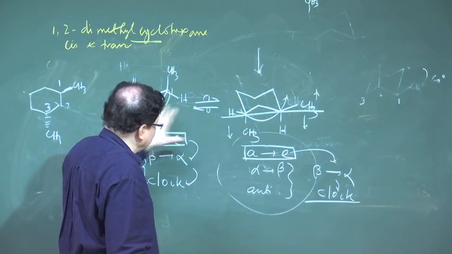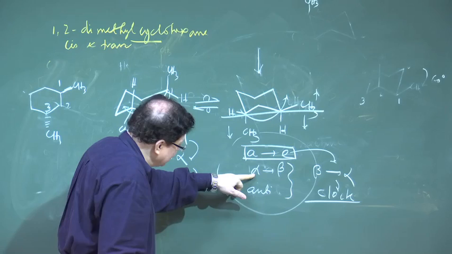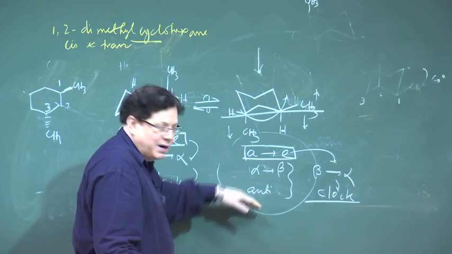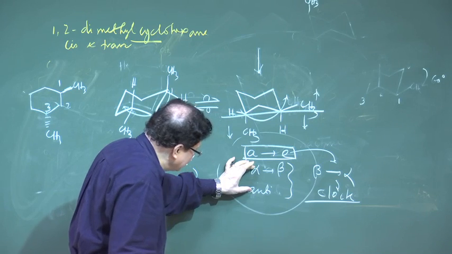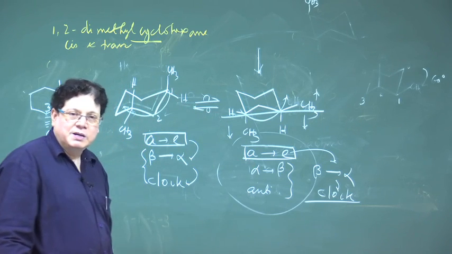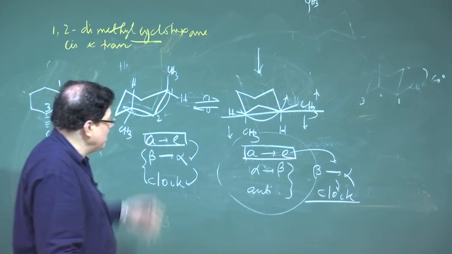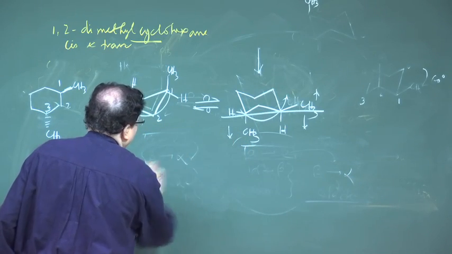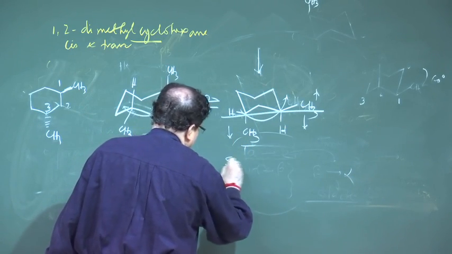If one of the parameters is different, alpha, beta or the direction, then they are mirror images of each other. If both are different, then they come back to the similarity. Okay, they become similar. So, in this case, ultimately what is the conclusion?